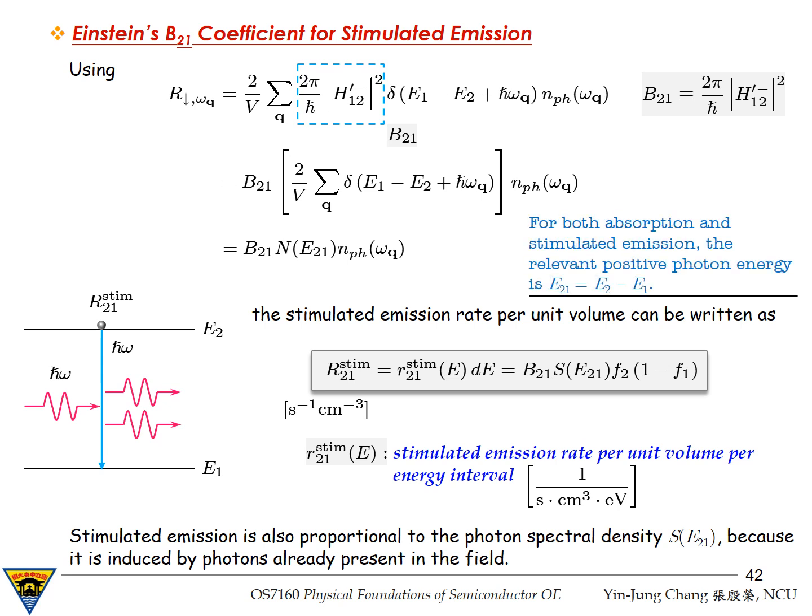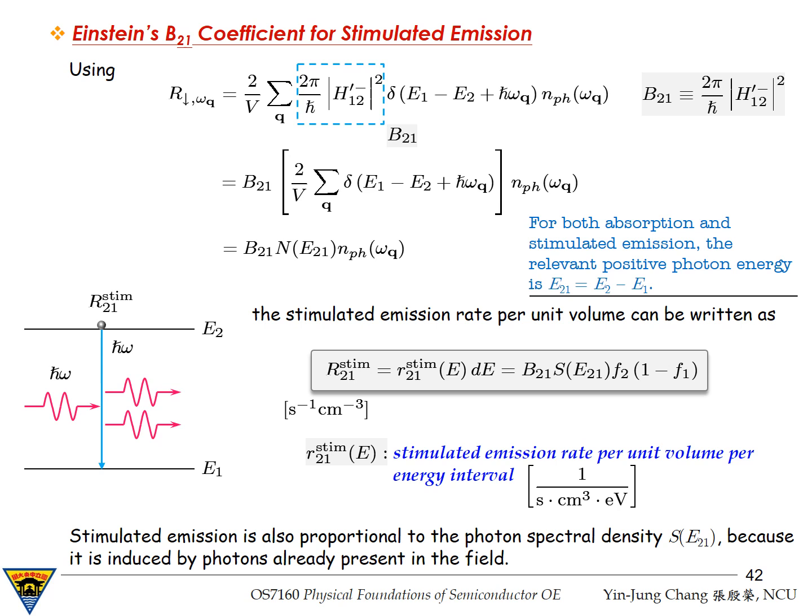We also note that for both absorption and stimulated emission, the relevant photon energy is always equal to E2 minus E1. So the Dirac delta function enforces the same energy conservation as found in the upward transition rate.